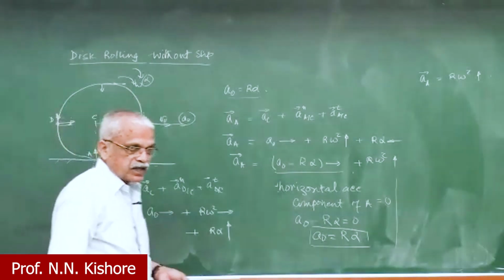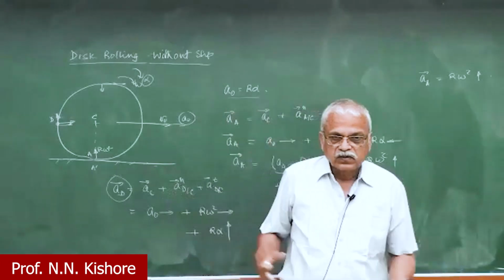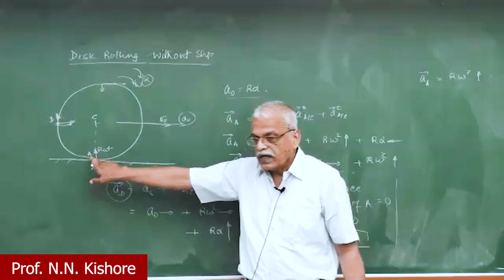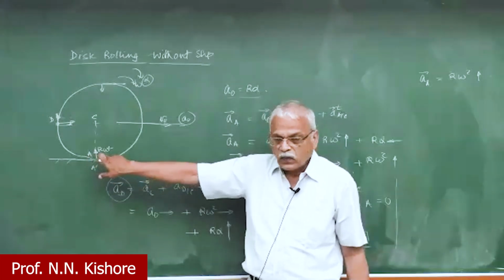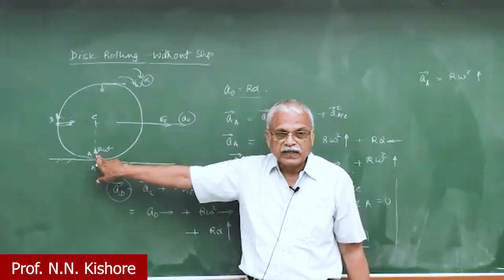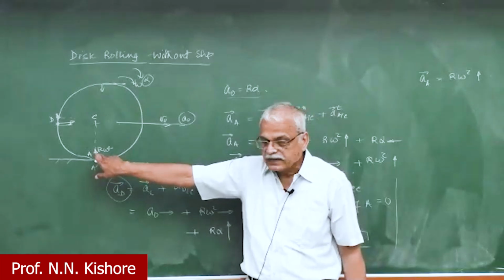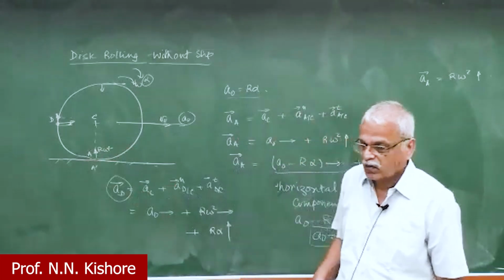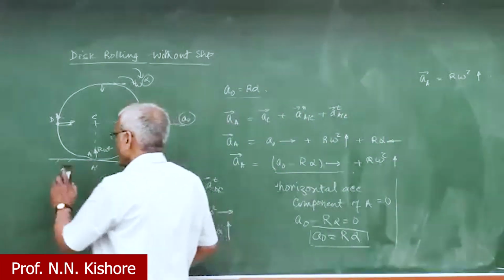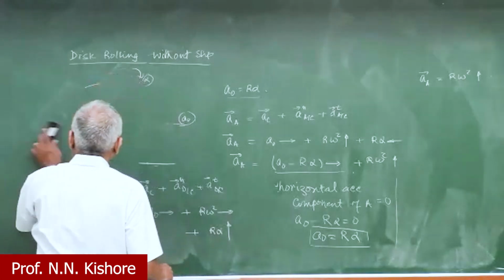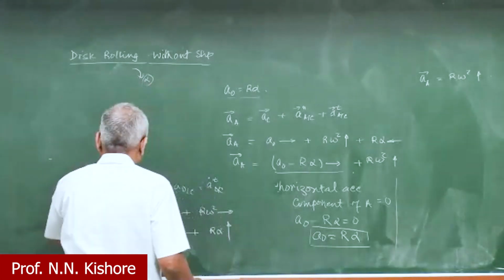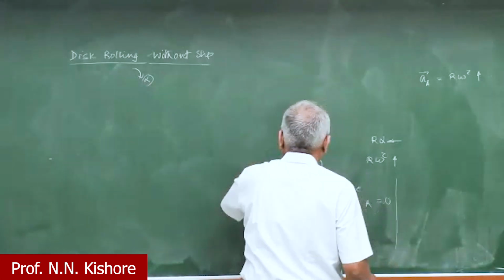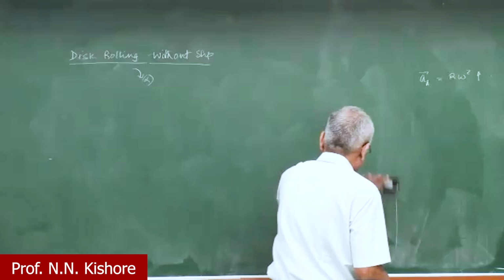The only thing you have to understand here is that the velocity of A is completely 0, whereas the acceleration of A is not completely 0. The acceleration of A in the tangential direction is 0, but it has a normal component, which is not 0. This is a very important analysis, very simple looks, but it has a lot of implications. You have to understand it completely.